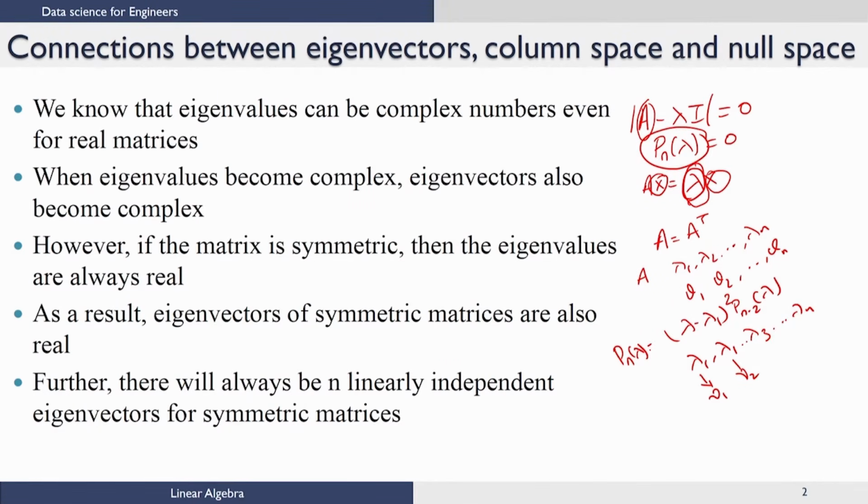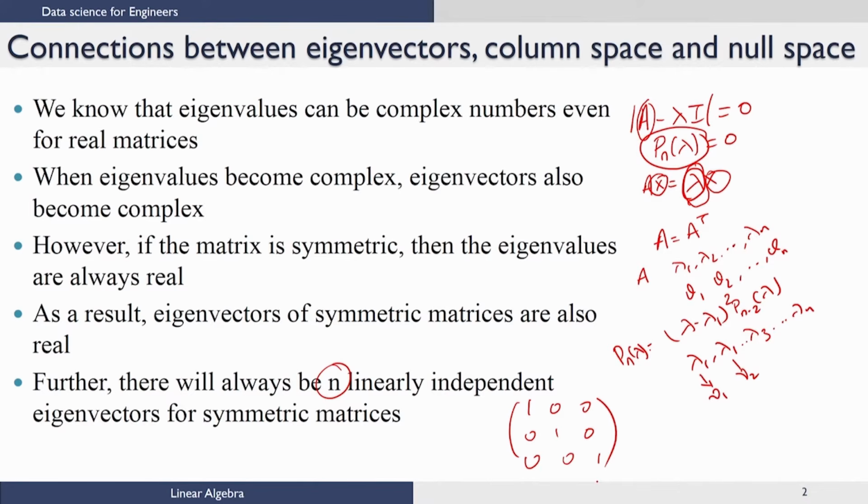However, when we talk about symmetric matrices, we can say for sure that the eigenvalues would be real, and the eigenvectors would be real. Further, we are always guaranteed that we will have n linearly independent eigenvectors for symmetric matrices. It does not matter how many times the eigenvalues get repeated. One classic example of a symmetric matrix where eigenvalues are repeated many times is the identity matrix, something like this here.